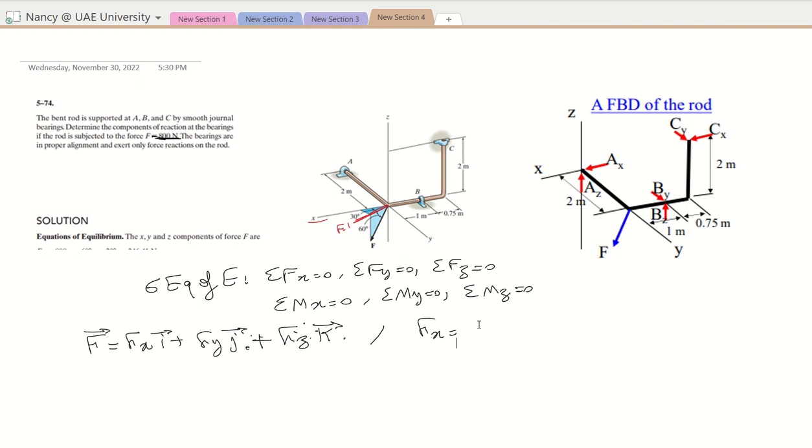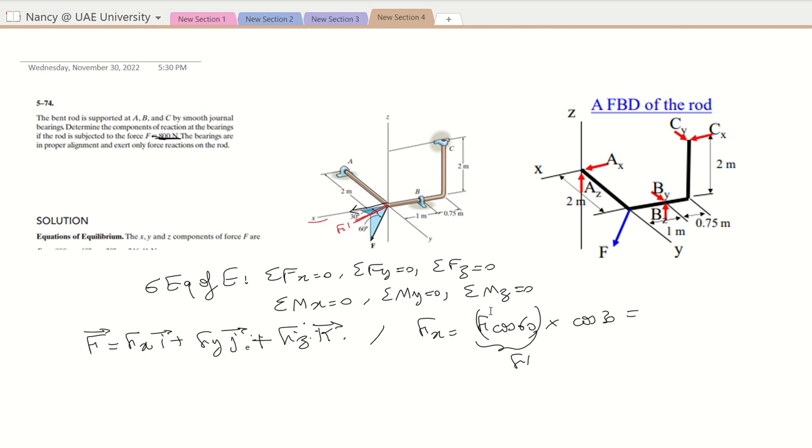So the first projection will be F cosine 60 multiplied by cosine 30. So F cosine 60, I will be projecting here, this is F prime. And then I multiply by cosine 30 projected on the x.